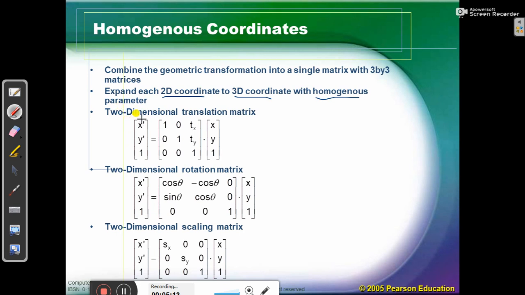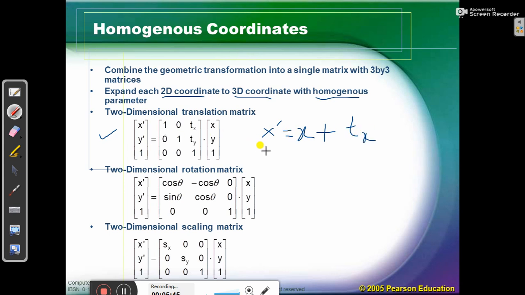Here you can see the equation for translation. If we multiply, x dash becomes 1 into x, plus 0 into y, plus tx into 1, which equals x plus tx.